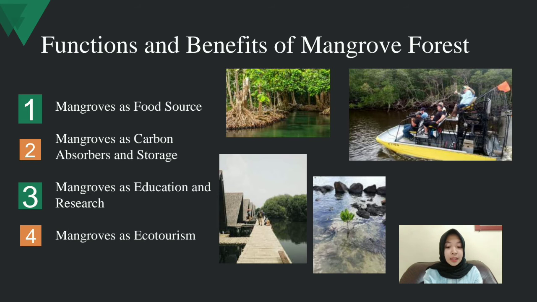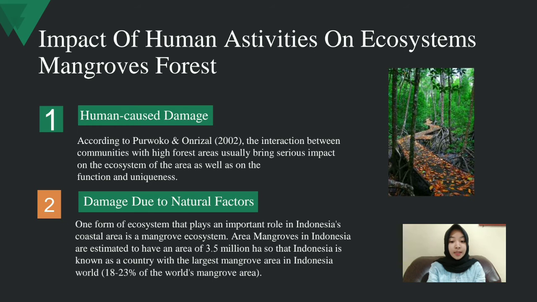And I'd like to now focus on discussing the impact of human activity on the mangrove forest ecosystem. 1. Human caused damage. The increase of communities in forest areas usually brings serious impact on the ecosystem of the areas as well as their function and uniqueness.